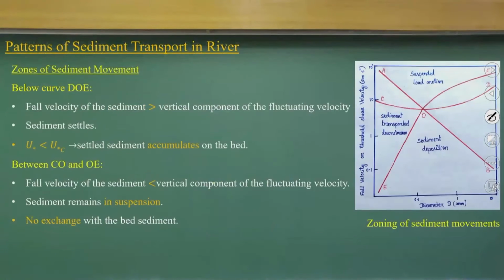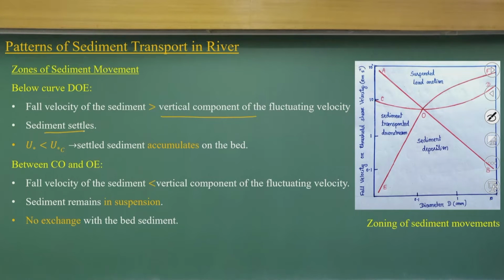So, if you look at the curves and the sediment zones, first I can look at the area covered by DOE, the DOUV region. What actually happens here is that the fall velocity is greater than the vertical component of fluctuations.